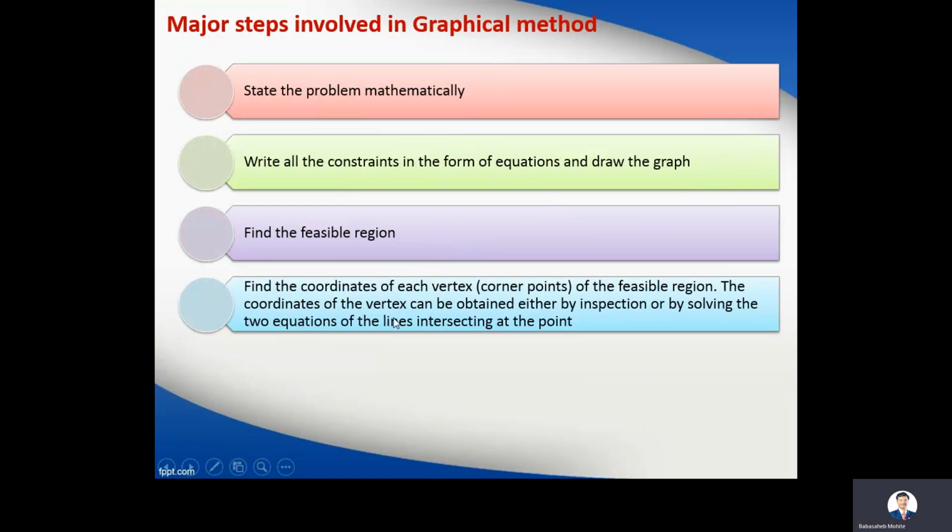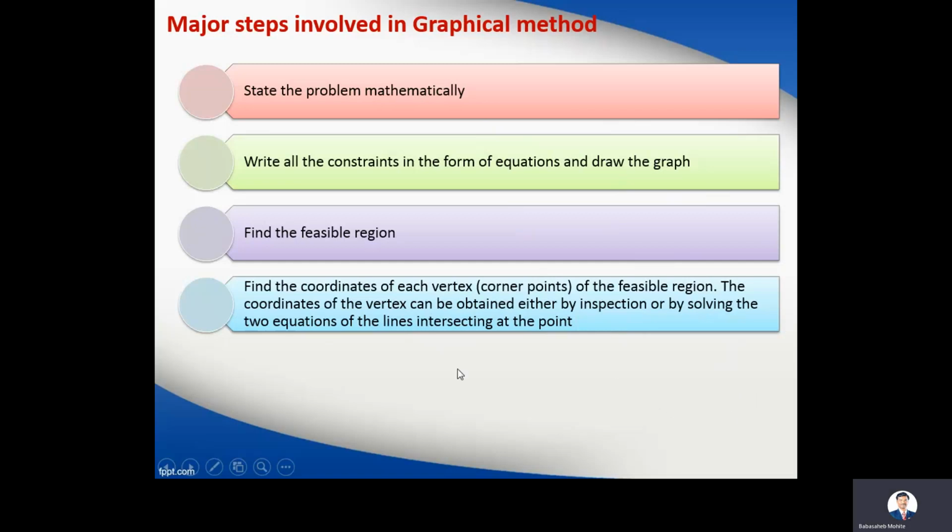The coordinates of a vertex can be determined either by inspection or by solving the two equations of the lines intersecting at the point. When you are solving any example on the graphical method, some points may lie on the boundaries of the x and y axes, so by just inspection we can determine the coordinate values of those points. But there are some points that may lie in the first, second, third or fourth quadrant of your graph.